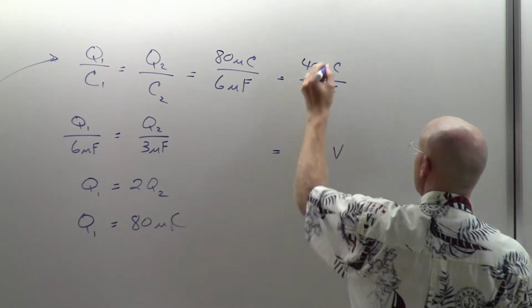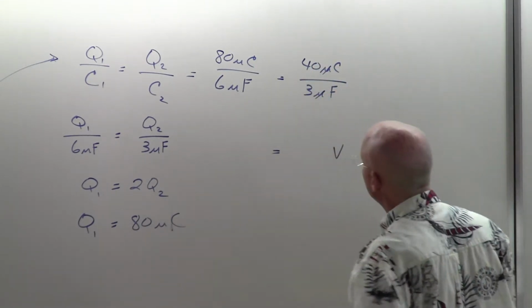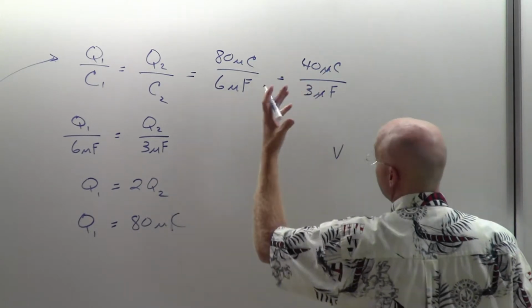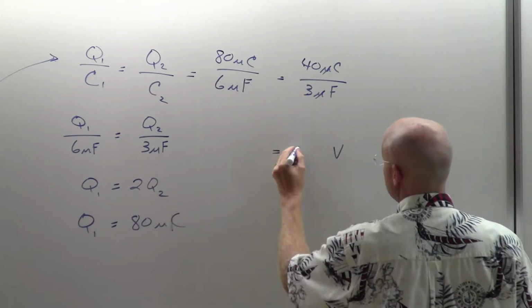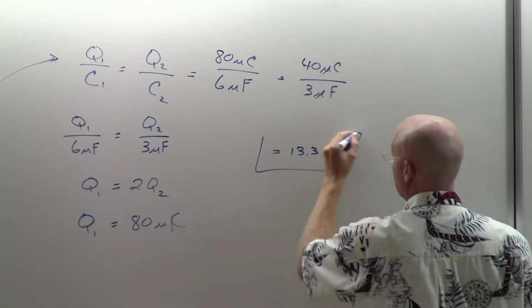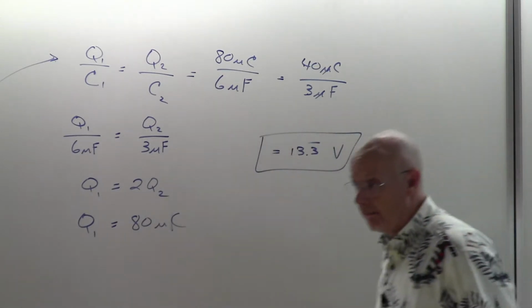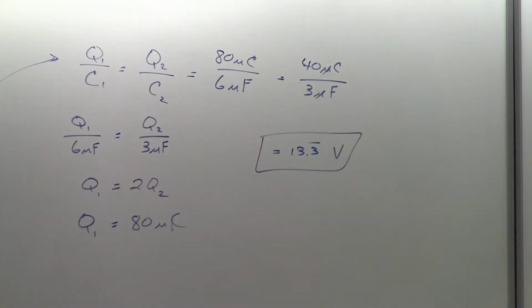And so the micros cancel off and we get voltage. 3 goes into 40, what, 13 and a third times? So my voltage is 13.3 volts. And so there would be the voltage. Not half, it's not the 10.